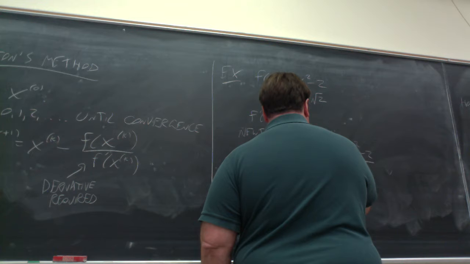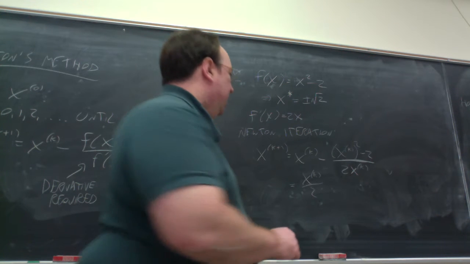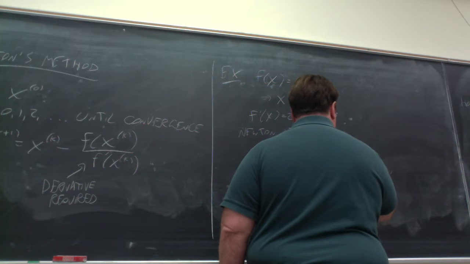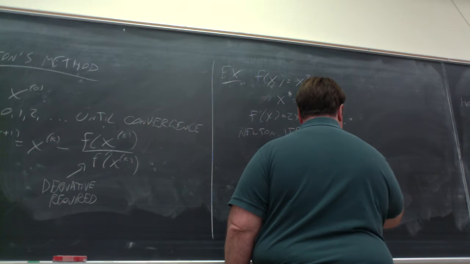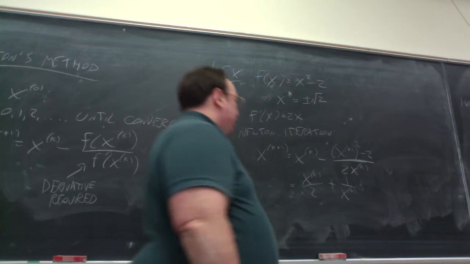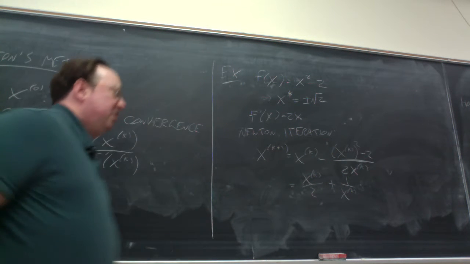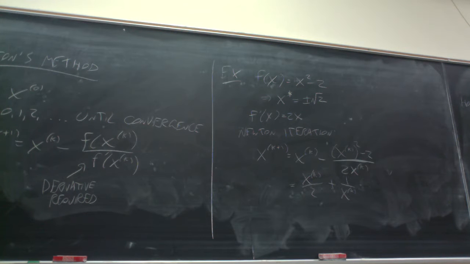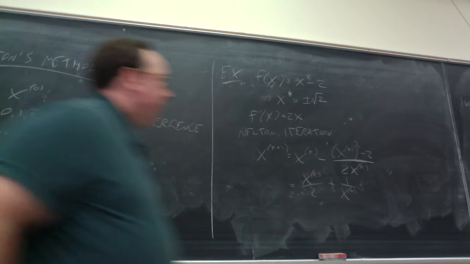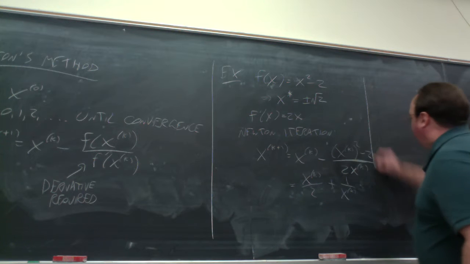It condenses to a pretty simple expression: xk over 2 plus 1 over xk. So just by carrying out this process using just two divisions and an addition, you can get to the square root of 2 pretty quickly.